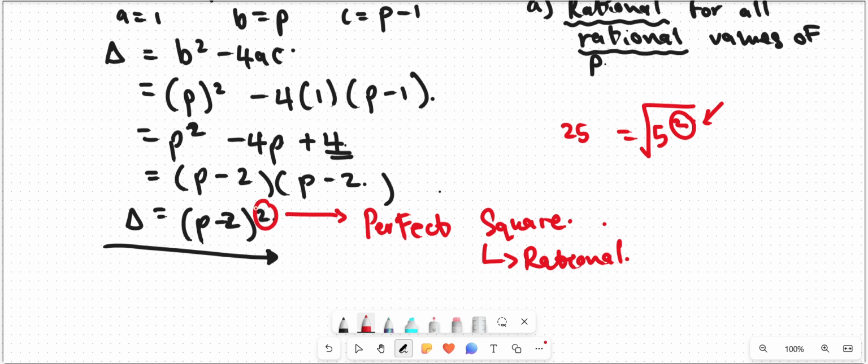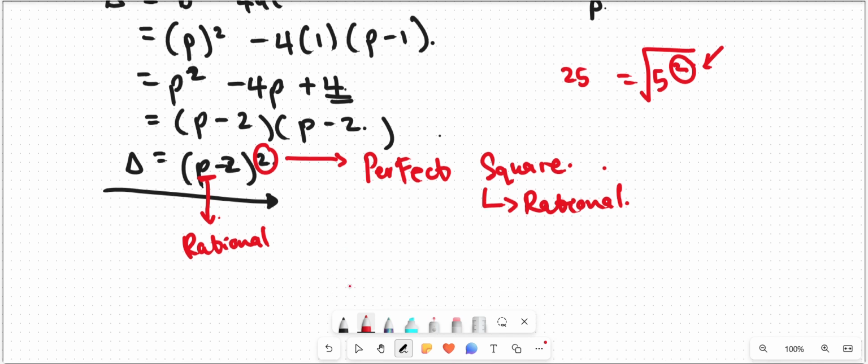And remember, they're saying for all rational values of p. So here, as long as I'm substituting rational numbers, then my answer will always come out as rational roots. As long as that p is not an irrational number, like if, for example, I put in a square root of 2 minus 2, then that will change, because that p value is an irrational number now.